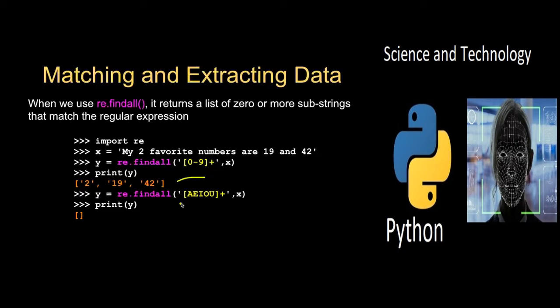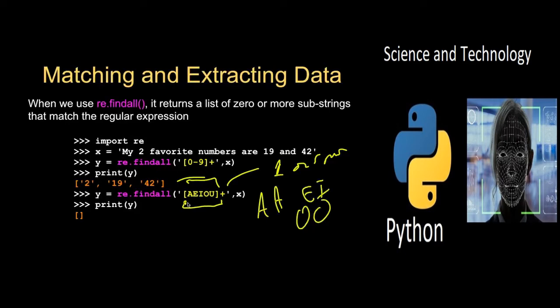Just as an example, we got 2, 19, and 42, but if I said this, that is an uppercase vowel, A, E, I, O, or U, so that's one character, and the plus means one or more. So A would match, E, I, O would match. It's looking for one or more uppercase vowels. It says, oh, there's an uppercase, but it's an M. No, no uppercase, no uppercase.